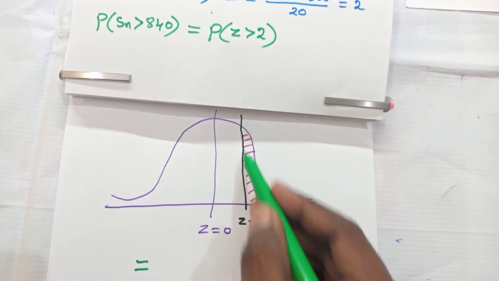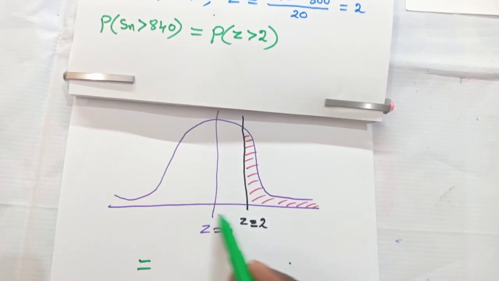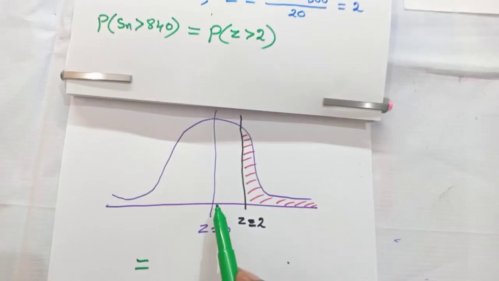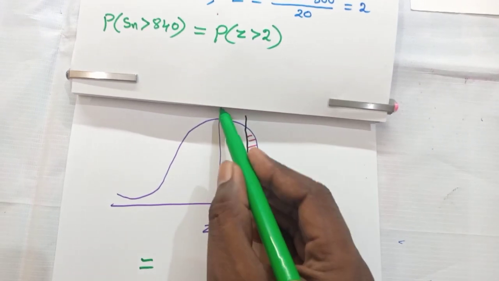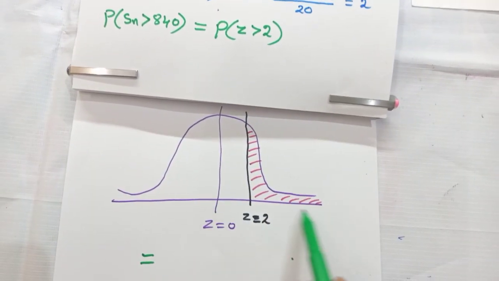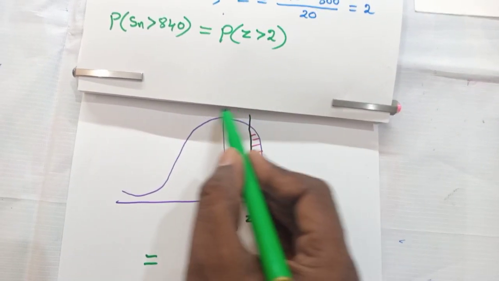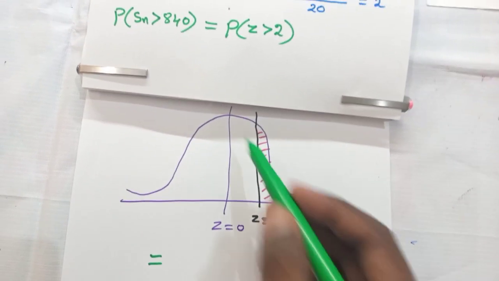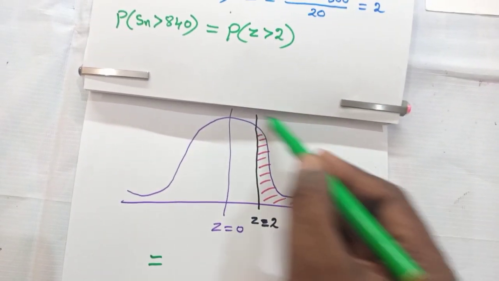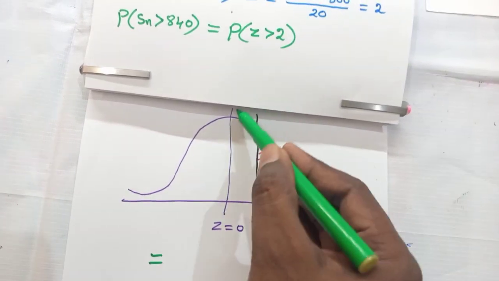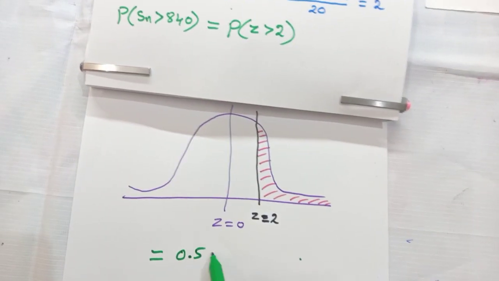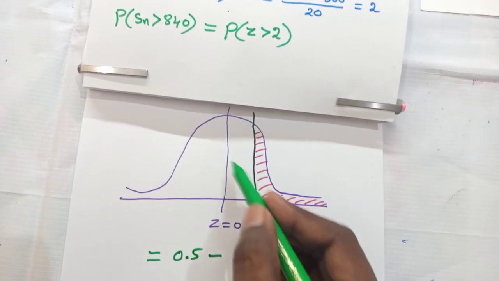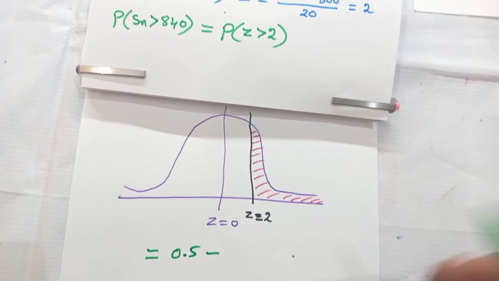From the diagram, the shaded region is half of the diagram minus the unshaded region. Are you clear? Half of the diagram. You see, the area of the full diagram is 1, so the area of half the diagram is 0.5. So 0.5 minus the unshaded area is the shaded area we will get.